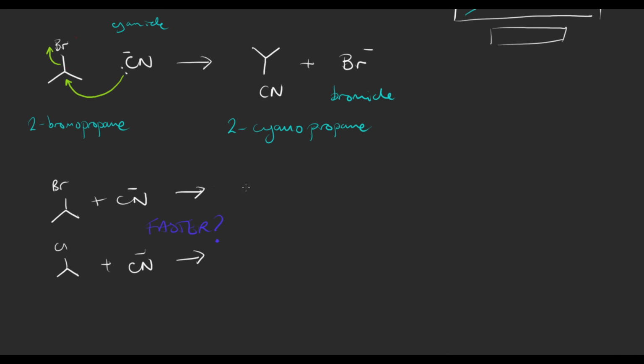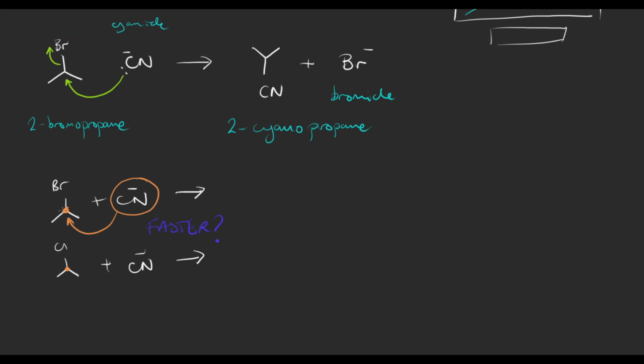Okay, so two things can affect the speed of this reaction. One is how quickly the cyanide, this guy, and how easily it can come and attack here. And that depends on how positive this center and this center are. Now, bromine is less electronegative than chlorine is, so it draws the electrons away much less.